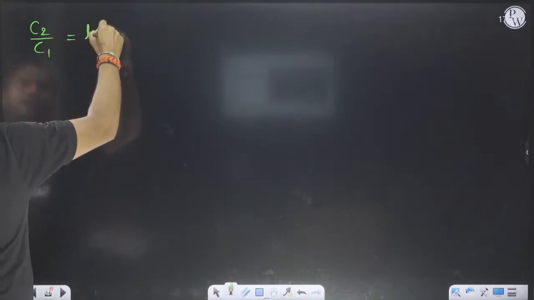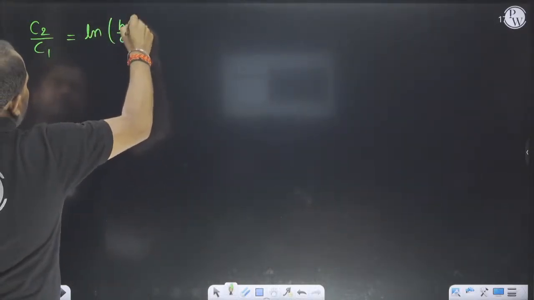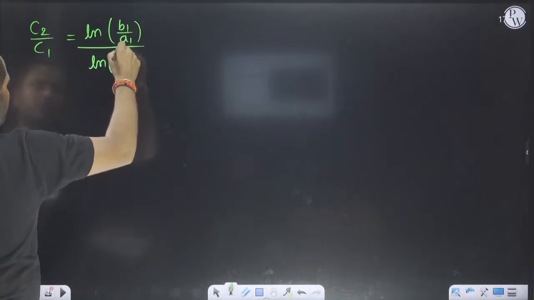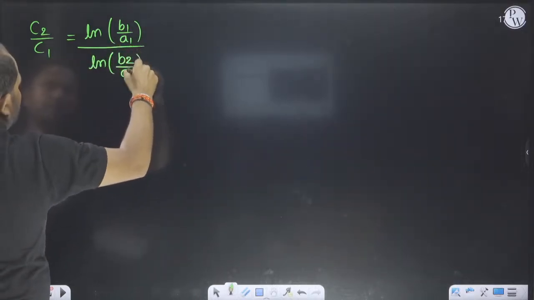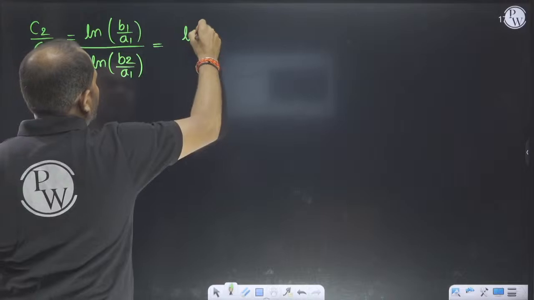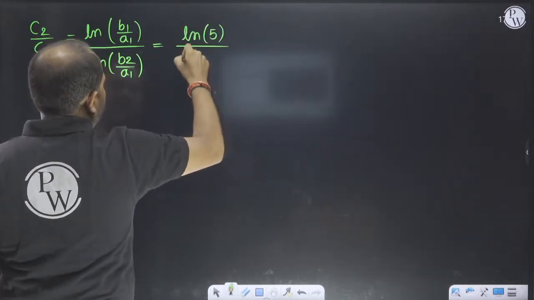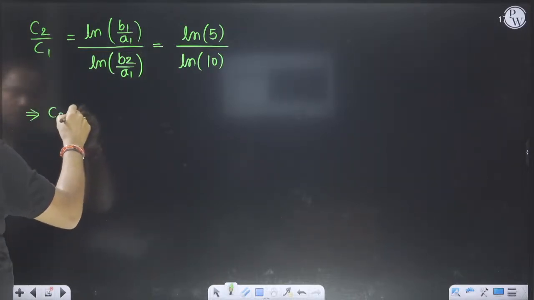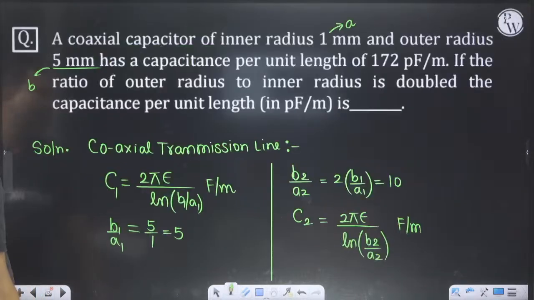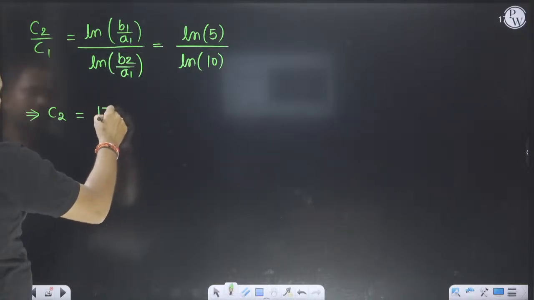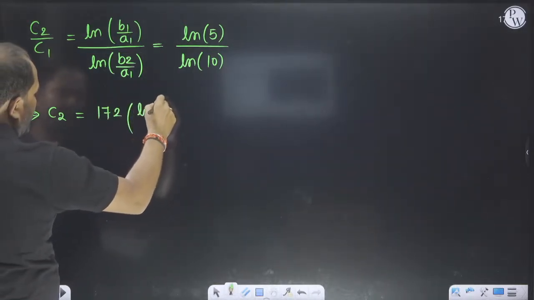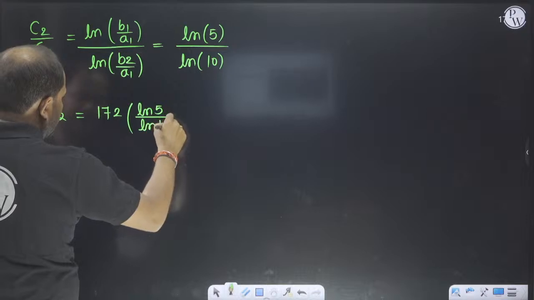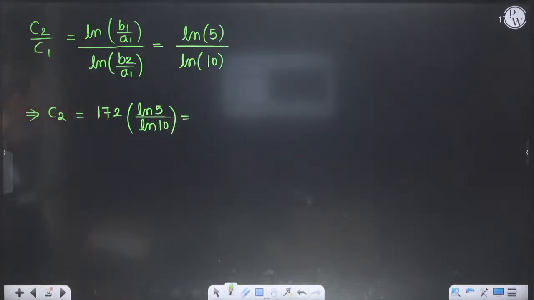C2 upon C1 will be ln B1 upon A1 divided by ln B2 upon A2. B1 upon A1 is 5 and B2 upon A2 is 10. C1 we know, so C2 will be ln 5 divided by ln 10 times C1. You can solve this and you will get the value.